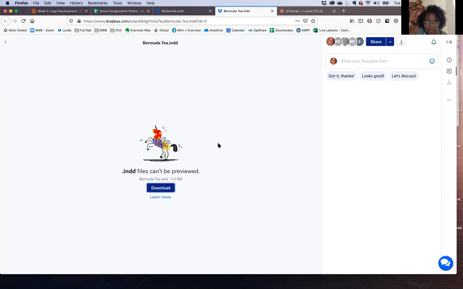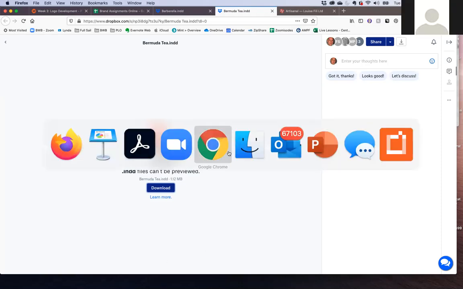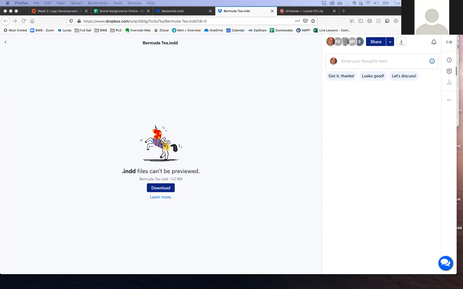Yep, that's the problem I'm running into right there. Huh. Google Chrome worked fine for me. Chrome worked as well, as long as I did it on my laptop and not my cell phone.